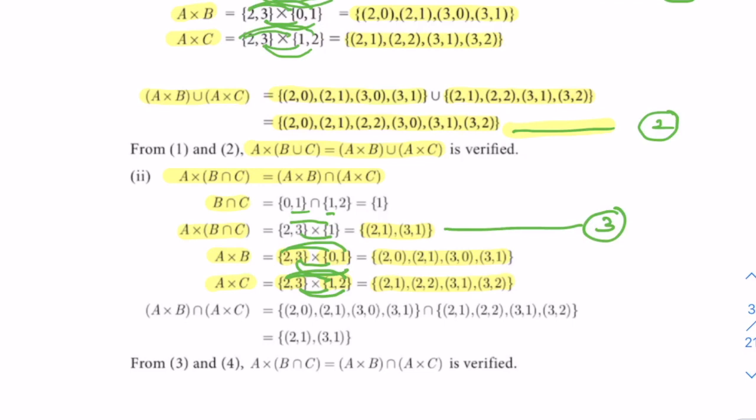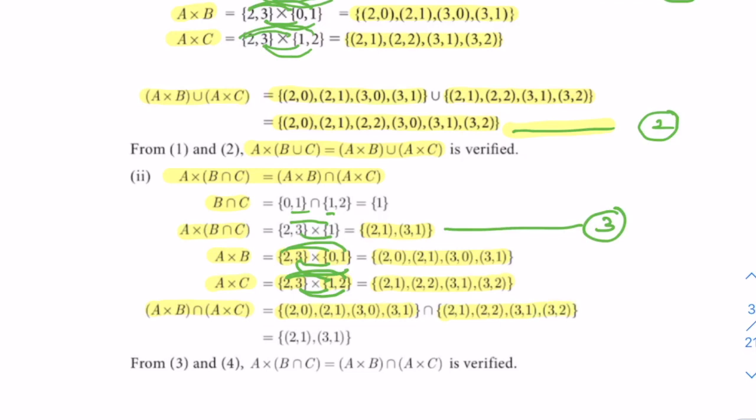Next we have to find A cross B intersection A cross C. So we have to find the intersection between A cross B, which is a set of all ordered pairs (2,0), (2,1), (3,0) and (3,1), and the set of all ordered pairs A cross C, which is (2,1), (2,2), (3,1) and (3,2).